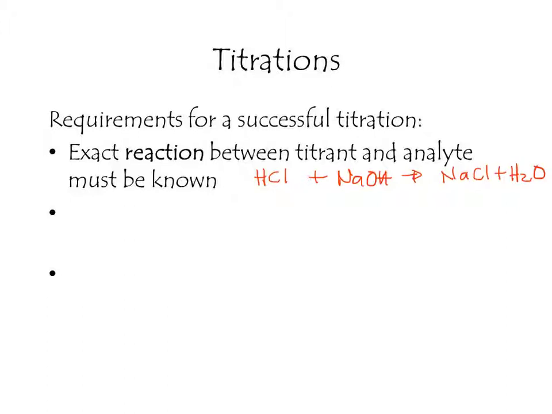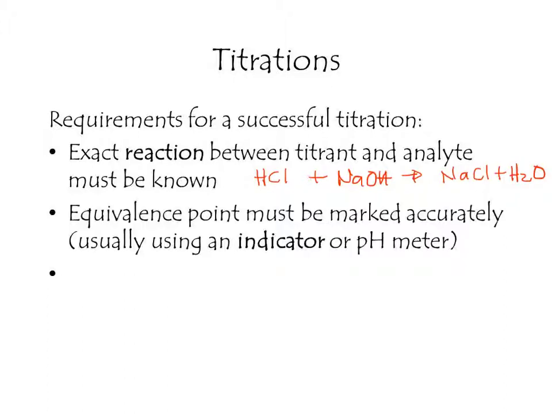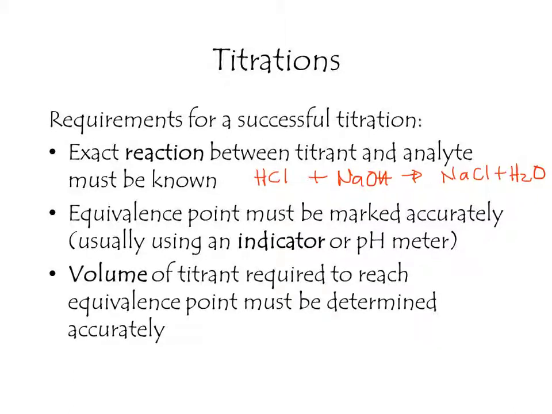Now, another thing that you need to know is that the equivalence point must be marked accurately. So you either use a pH meter or an indicator, and the indicator will turn colors. And finally, you need to know the amount of titrant you use, so how much of the base that was in the burette was used in order to reach your equivalence point or your endpoint.